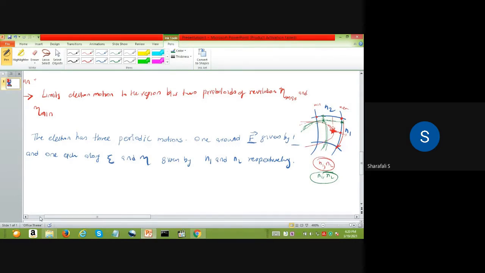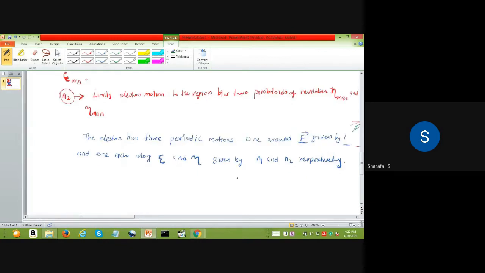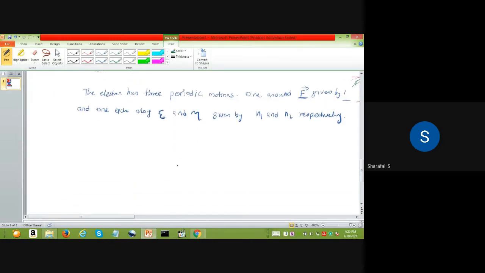Because we do not have the value of L, because L will be different in this case, as the center of gravity is different in each case. So we have to take some different quantum numbers, and these are the two new quantum numbers which will help us define the orbit motion of the electron. So that is the role of N1 and N2.